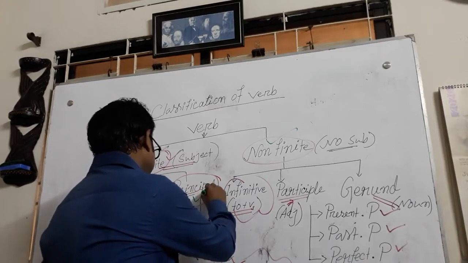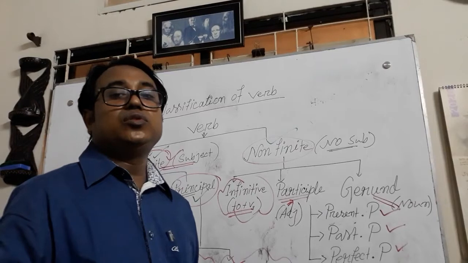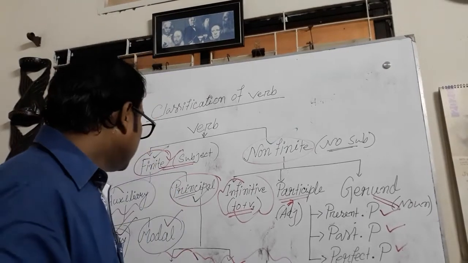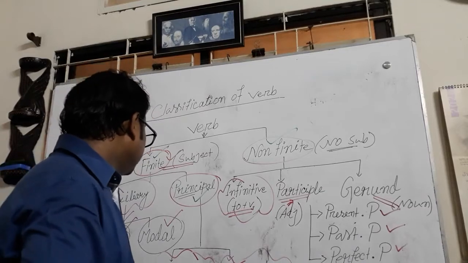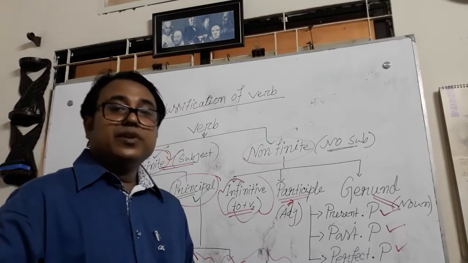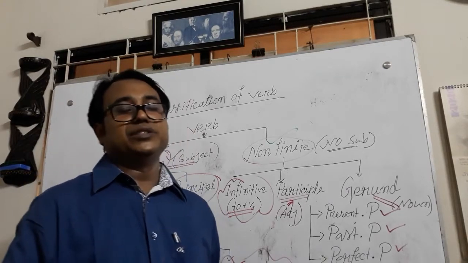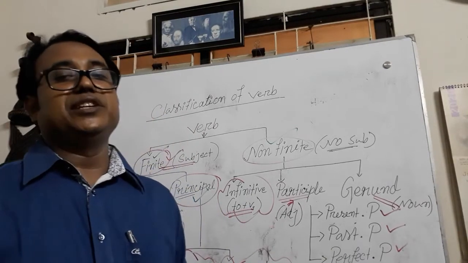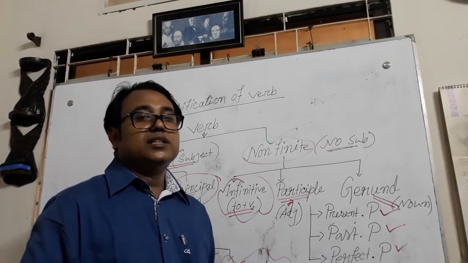Principal verb is divided into two parts or two categories or two types, like transitive and intransitive. Come to the point. How can we identify the transitive verb and intransitive verb?